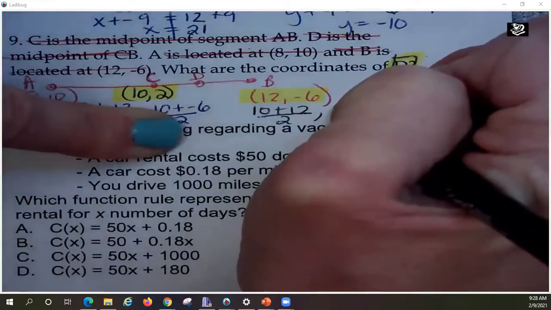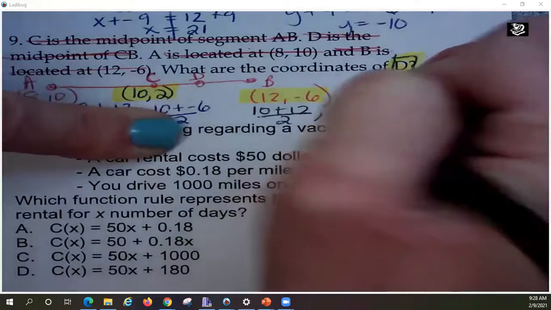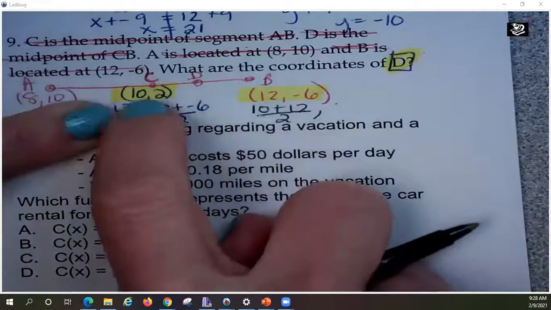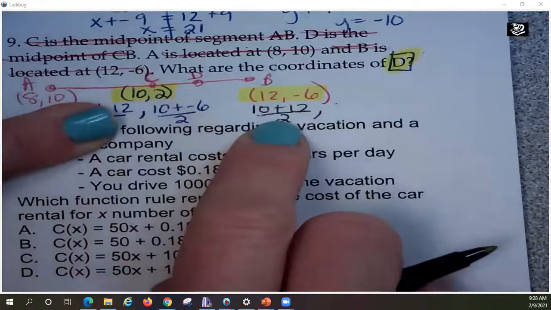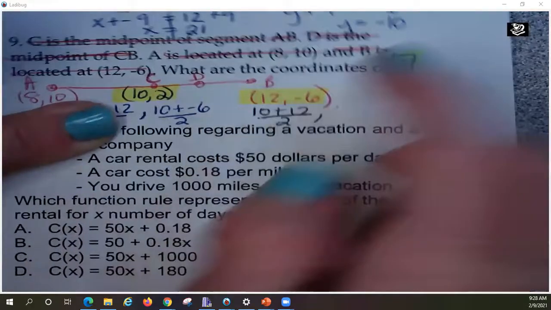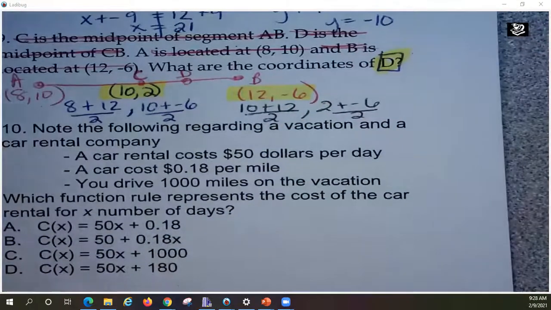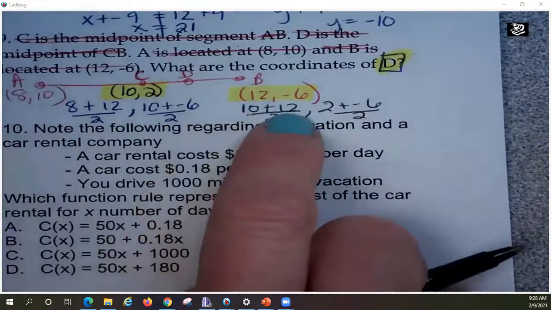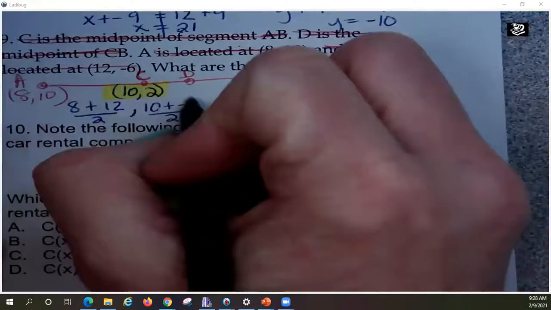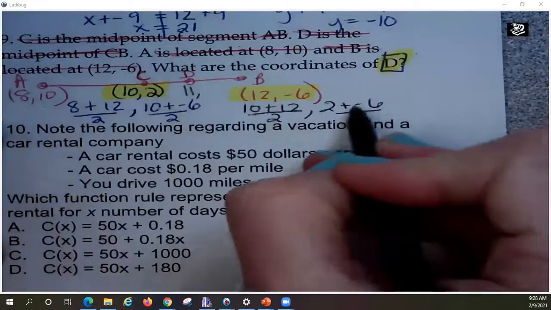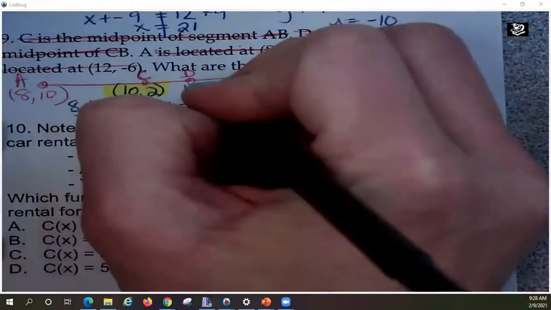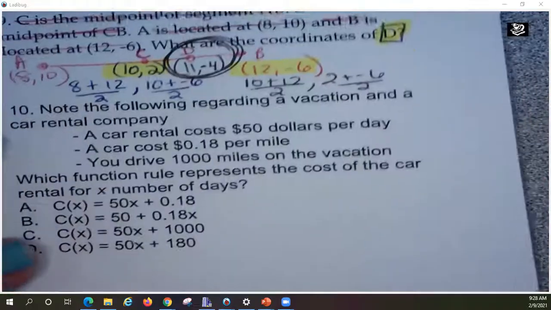All right, y'all want to help me out? What else do I have to do on this one? So I did 10 plus 12 divided by 2. Good. 2 plus negative 6 divided by 2. All right, so 10 plus 12 gives me 22 divided by 2 gives me 11. 2 plus negative 6 gives me negative 4 divided by 2 gives me negative 2. So that is my final answer, 11, negative 2.